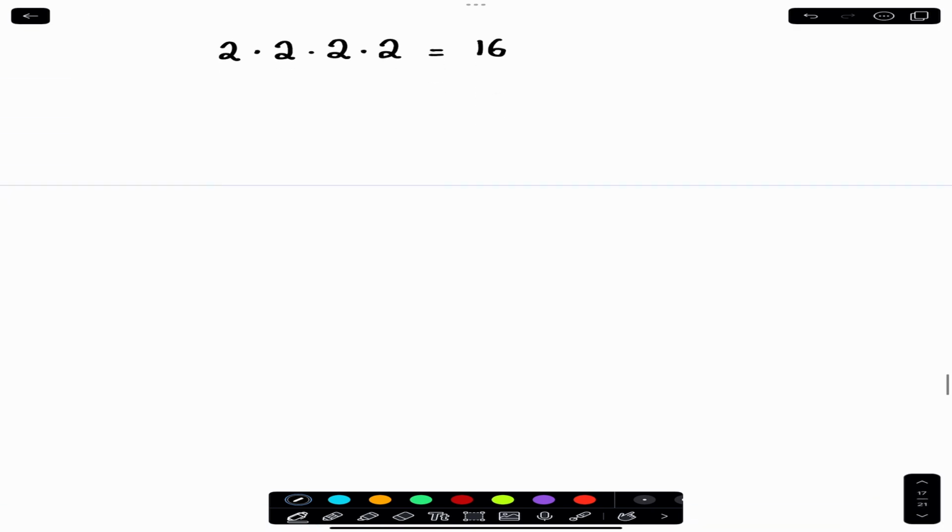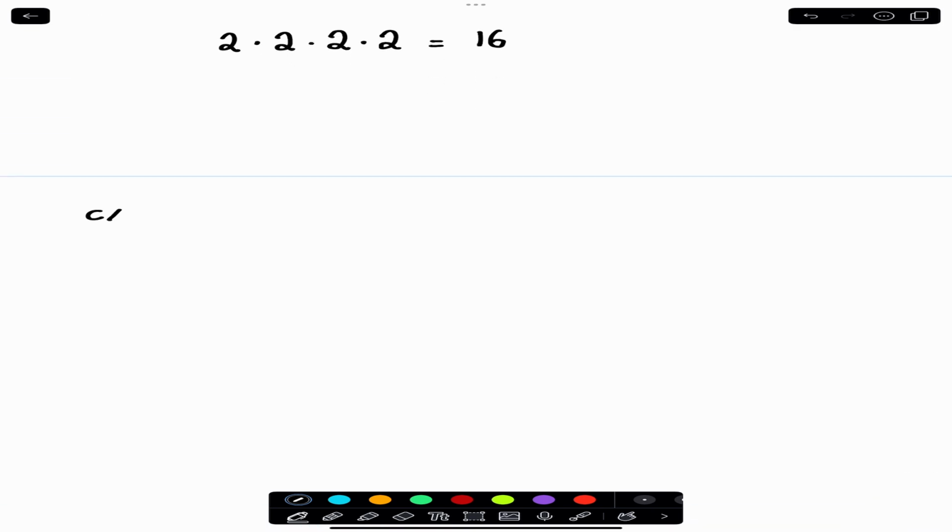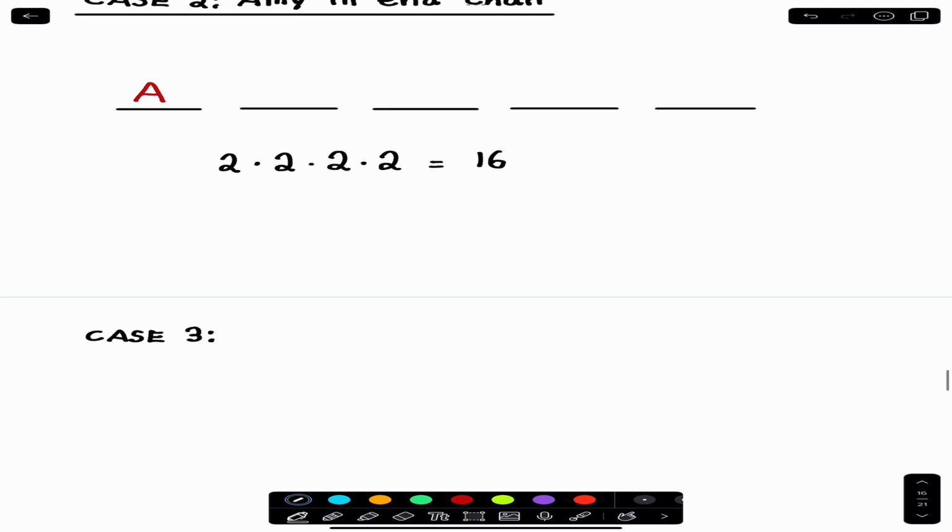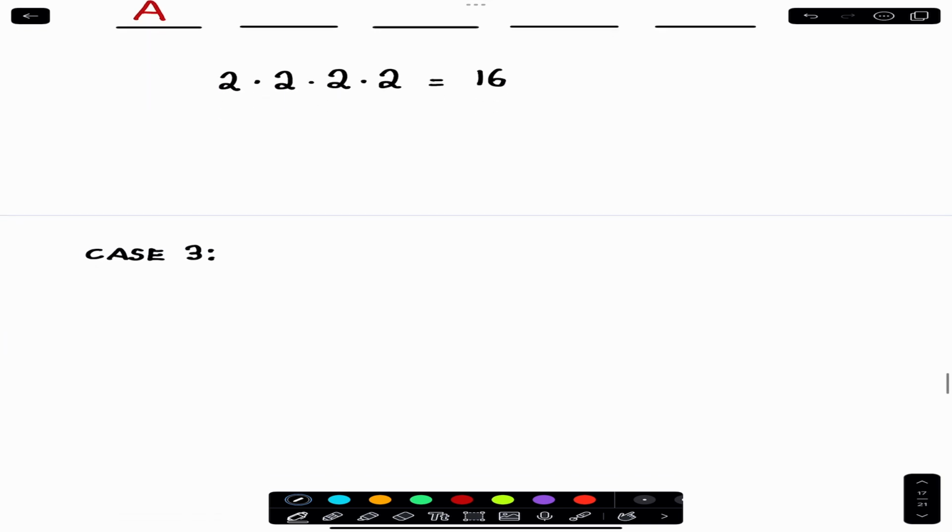And then the final case, and then we'll have counted all possible seating arrangements. This time Amy is in what we call the inner chair. Amy in inner chair.